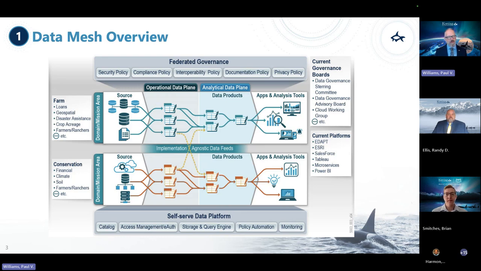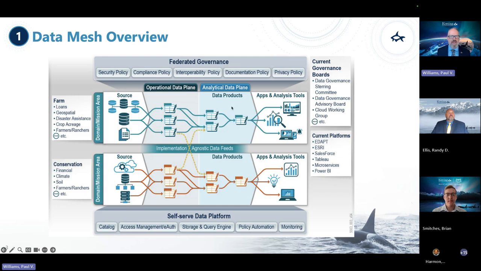So jumping right in, when we talk about domains, you can see here on this graph, you have the farm domain, you have conservation domain. You have your traditional data sources like relational databases, SQL Server, Oracle on the back end.